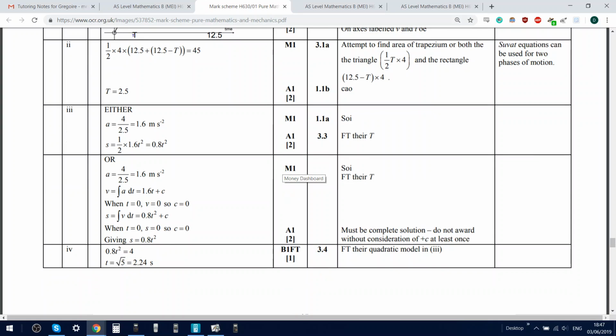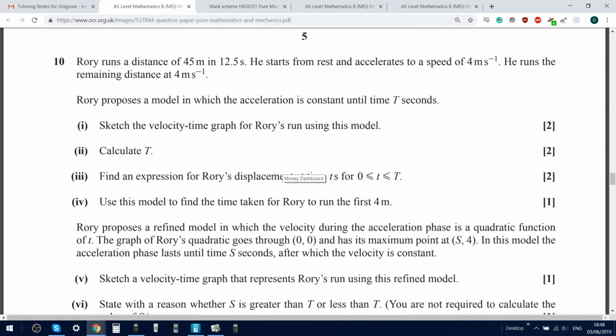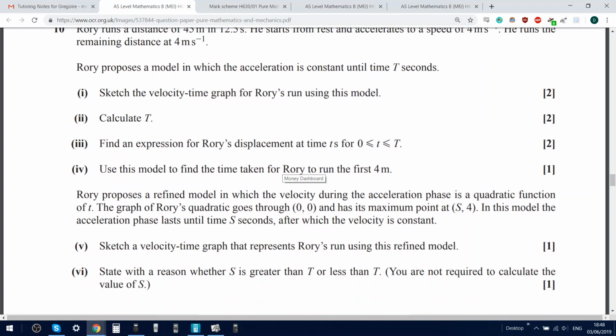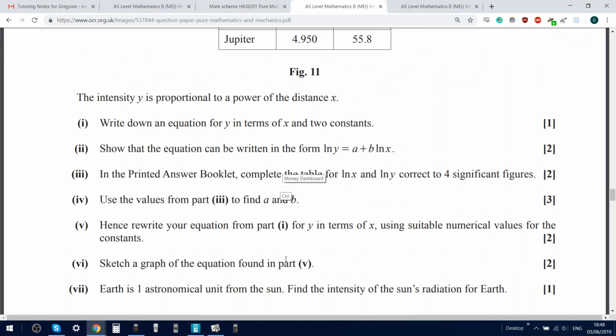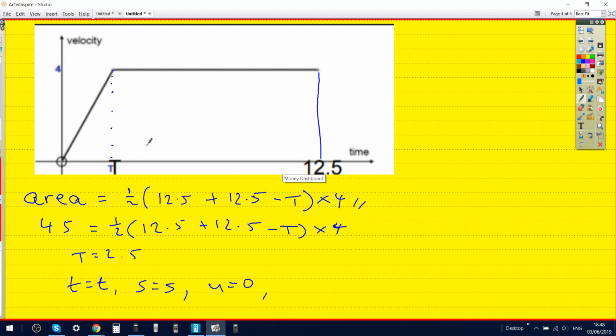How did they get acceleration? Hang on, oh, between 0 and t. Yeah. And so from 0 to t, it's just one acceleration there. So a equals 4.